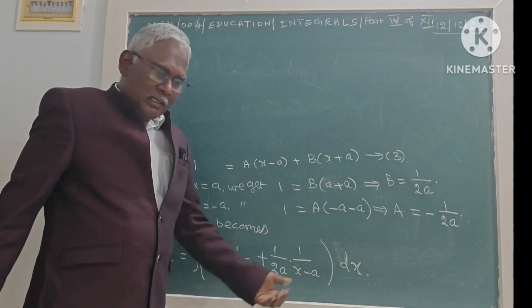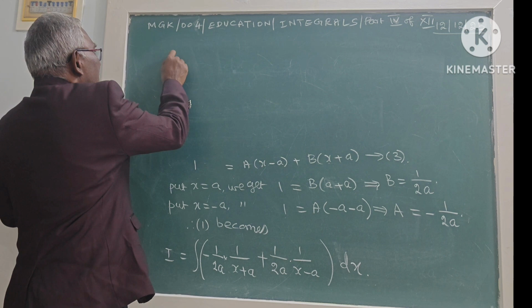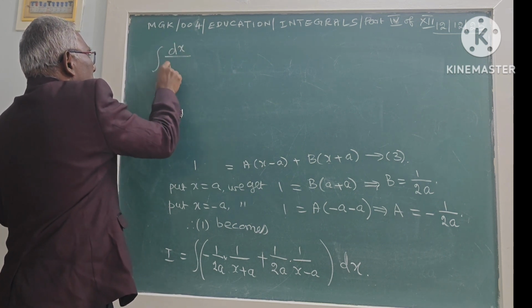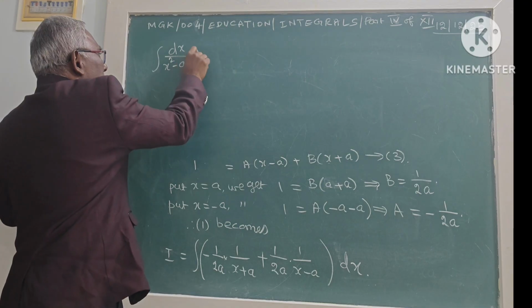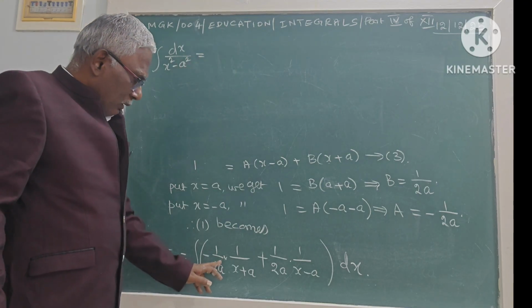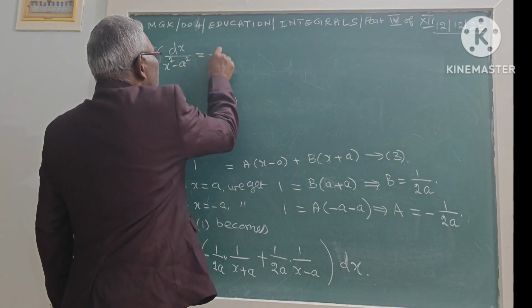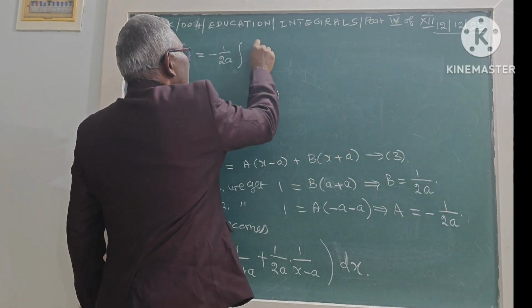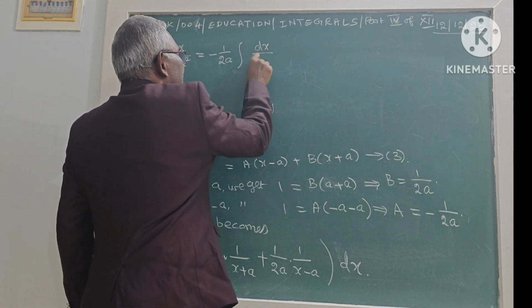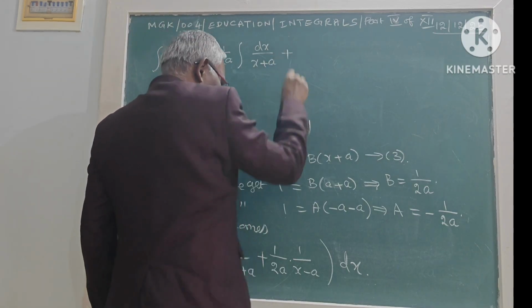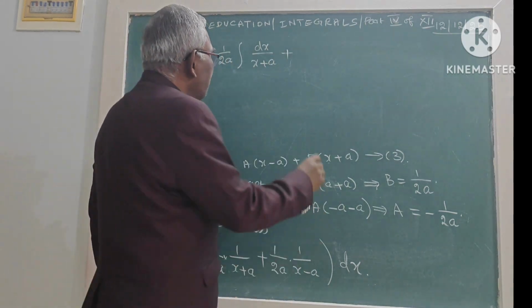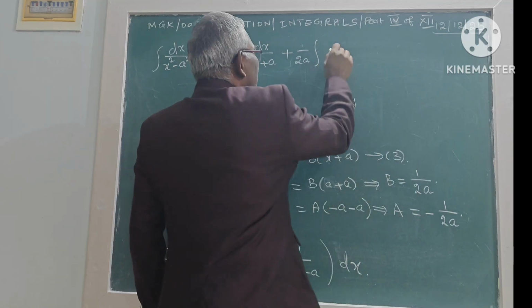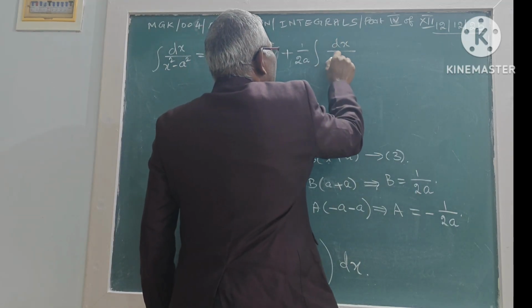If we integrate this, we will get I is equal to minus 1 by 2a integral dx by x plus a plus 1 by 2a integral dx by x minus a.